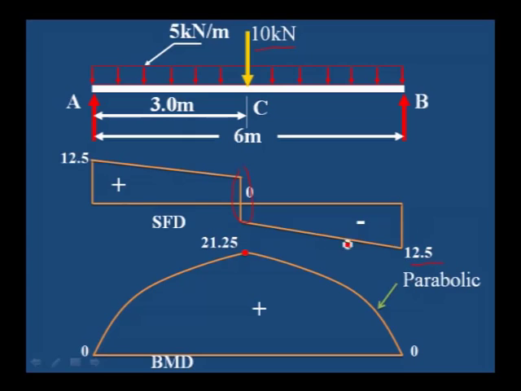Right side it is a drop of 12.5, left side a drop of 12.5, center it is a change of sign. Here the entire diagram is parabolic with a rise at the center point equal to 21.25 kilonewton meter.